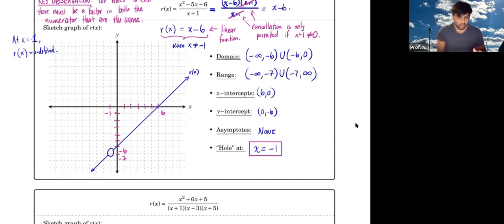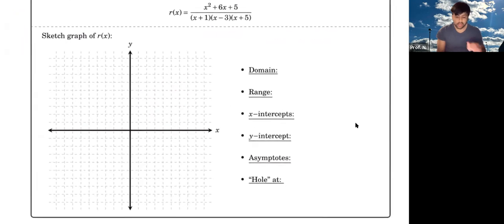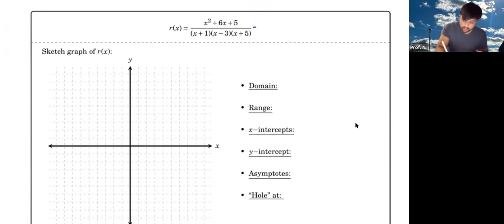Now let's look at the next one. It's a similar idea. So the first thing I would do is factor the numerator, since the denominator is already factored. And when I do so, I want to find two numbers that multiply to 5 but add to 6. So those are going to be 5 and 1. So we got x plus 5 and we got x plus 1.